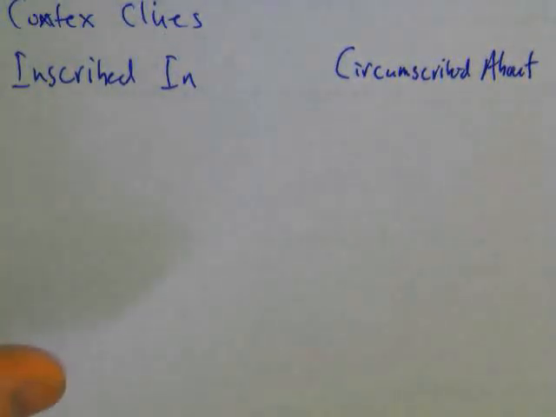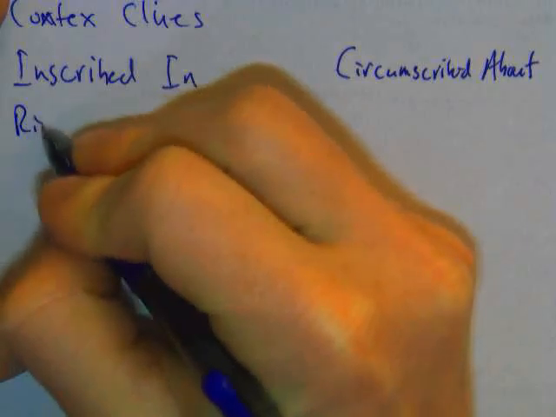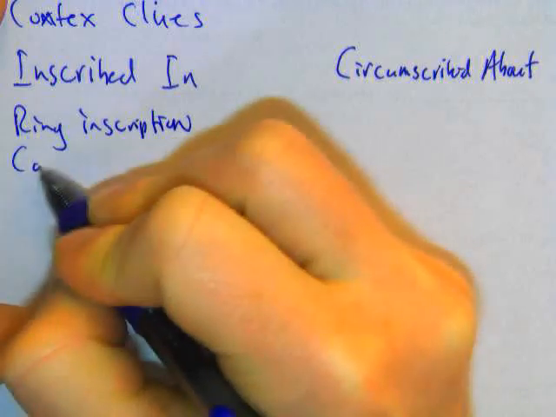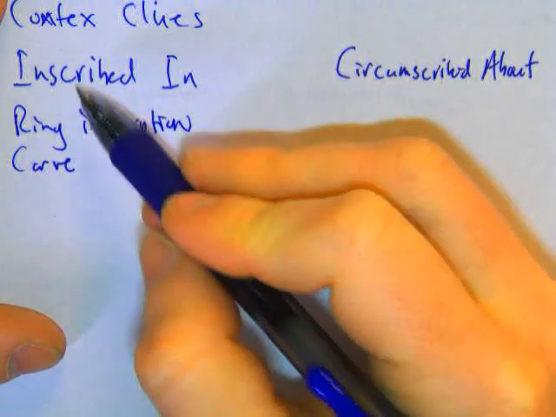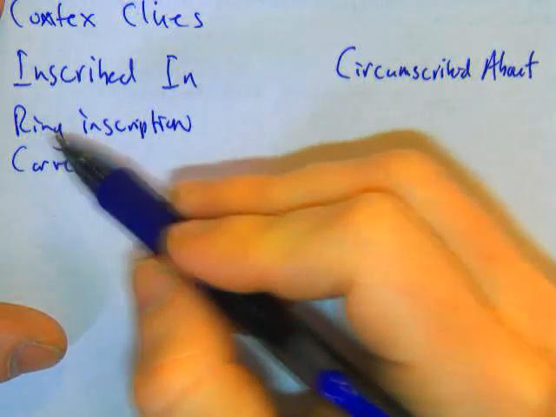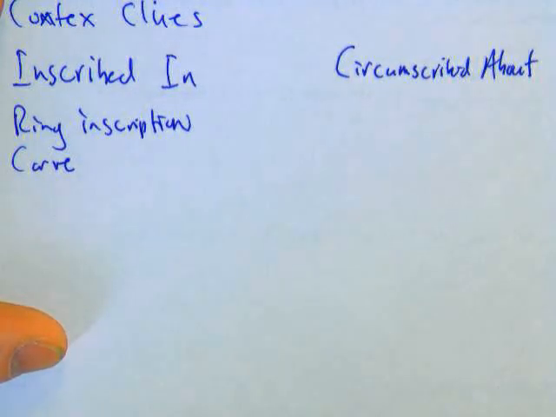When I think about inscribed, and I actually ended up Googling this, the definition it gave me was to write or carve on something, and that's how I think about it. I think about like you get an inscription in a ring. So I didn't know what this had to do with geometry, but I knew it was inscribed in, it's carved into, and so that gives me some idea.